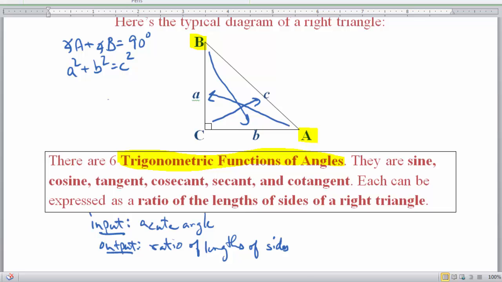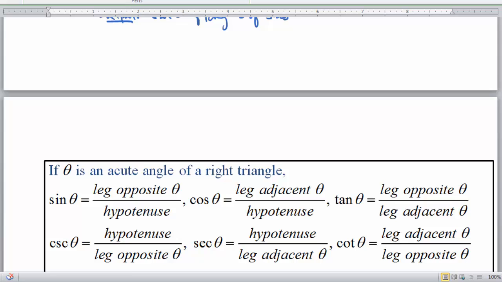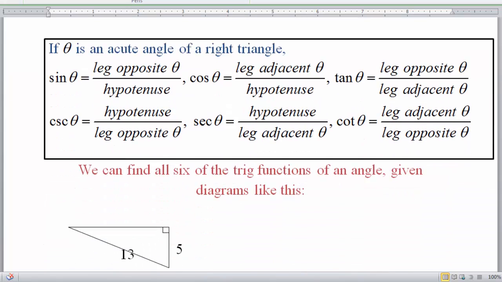And what are those ratios? They're given to you right here. If theta is an acute angle of a right triangle, what does that mean? That means theta is the input of the function. So the sine of theta is the leg opposite theta over the hypotenuse.